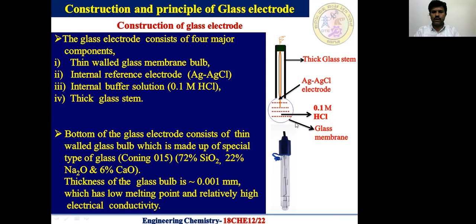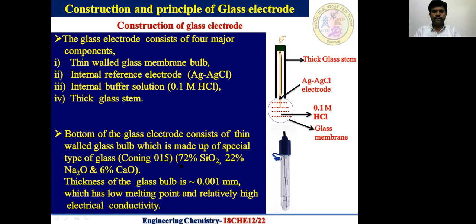The bottom of the glass electrode consists of a thin walled glass bulb, which is made up of a special type of glass like Corning 015. Corning is a glass company in the USA.